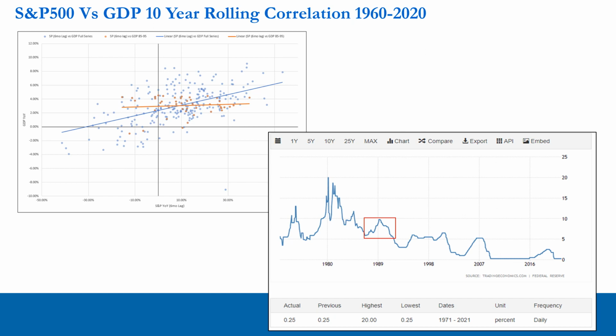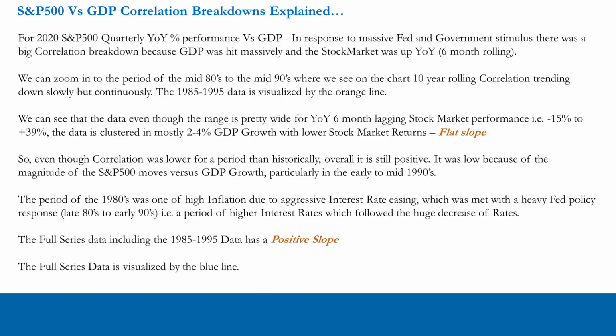And GDP in the background was still growing at a decent clip, but the stock market returns were not as high as previous stock market returns. So the magnitude of the moves in the stock market were lower for the moves in GDP that occurred at the time. So what explains these moves?